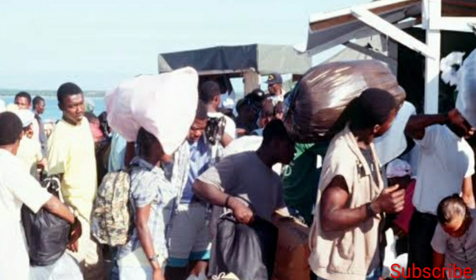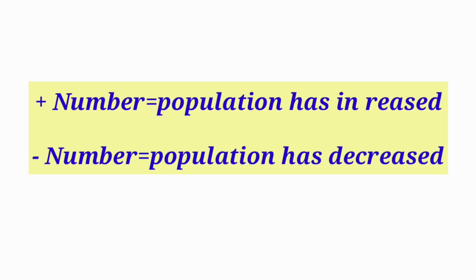And who are outmigrants? The persons who are migrating to other places from this place. If we get a positive number, we can treat it as the population is increasing, and if we get a negative number, we can treat it as the population is decreasing.